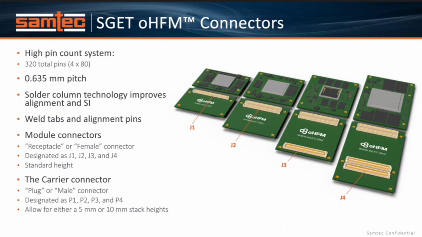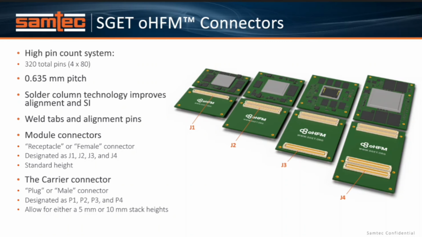Both connector technologies use 320 pins. They're high density, low profile, slim connectors with four rows of contacts, so you get 320 pins in a very small area. We use a high density 0.635 millimeter pitch, which allows a high number of I/O pins in a very small area on both connector families.